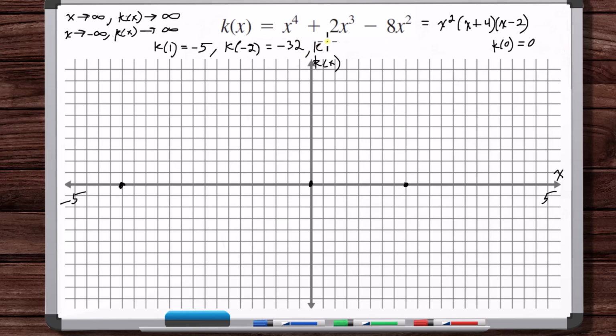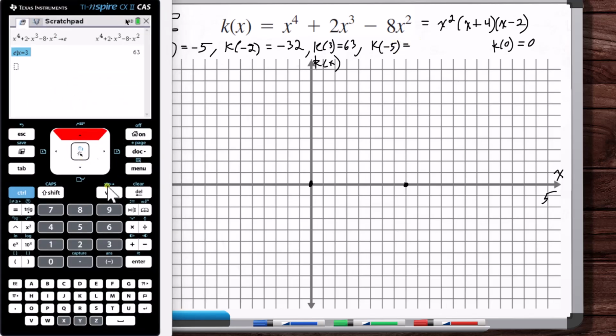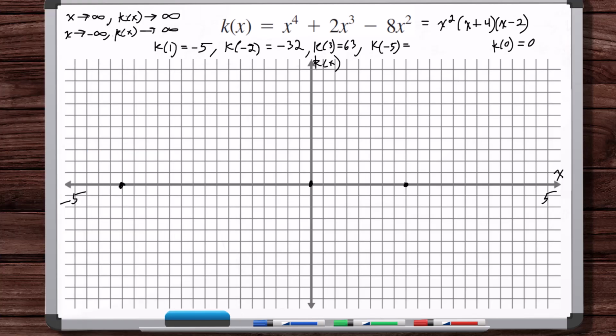So k of 3 is 63, and let's do k of minus 5. That's 175. Okay. That'll just help us with how steep to make the ends. But again, we're not plotting these points, they help us draw the end behavior. So, k of minus 2, though, we are going to go through this point.